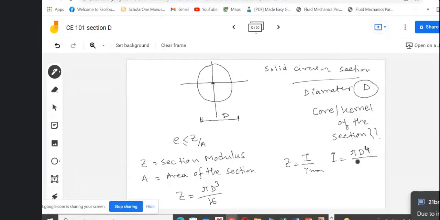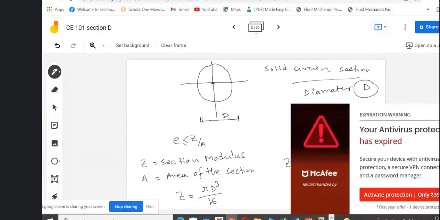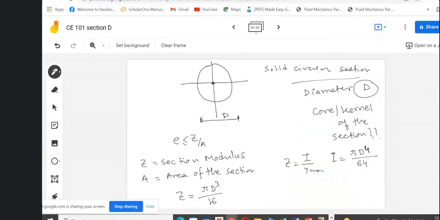I is pi d4 by 64, right? Yes, pi d4 by 64. And this y max is d by 2, so Z is pi d cube by 32, right? Did you understand where the mistake was made by the one who said 16?